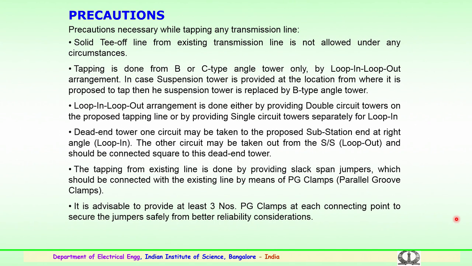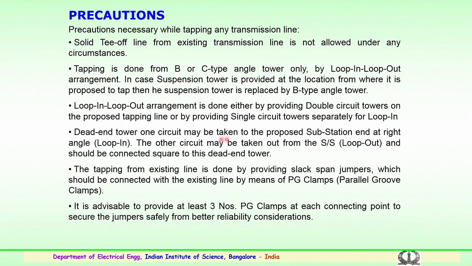Before it is done, the necessary tower arrangement has to be made. Then the loop in loop out arrangement is done either by providing double circuit towers on the proposed line or by providing single circuit towers separately for the loop in.